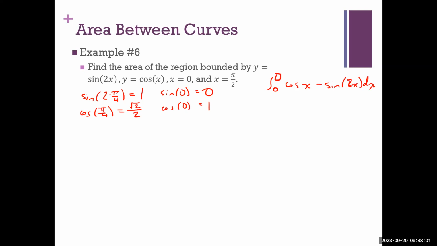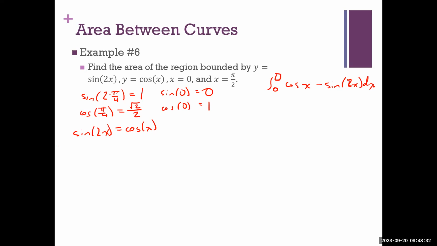How are we going to find those places where they change position? Set them equal to each other. Sine of 2x equals cosine x. How do we solve that? They have different angles. Go ahead. Why did you use pi over 4 instead of pi over 2?